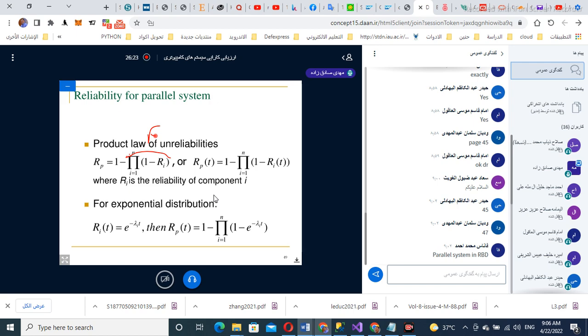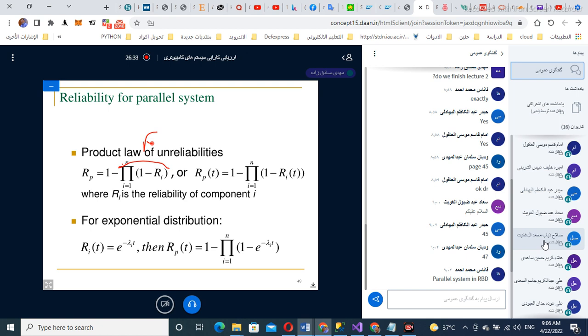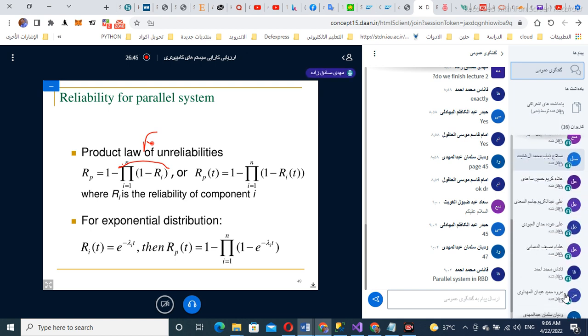Then Rp(t) equals 1 minus the product for i equals 1 to n of (1 minus e to the power minus lambda i t).